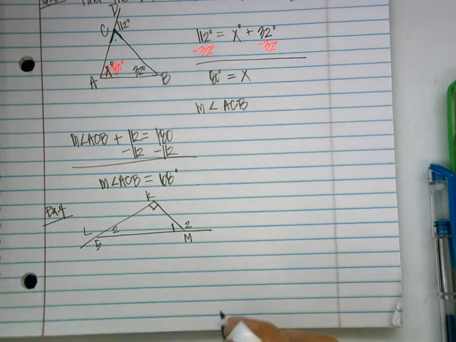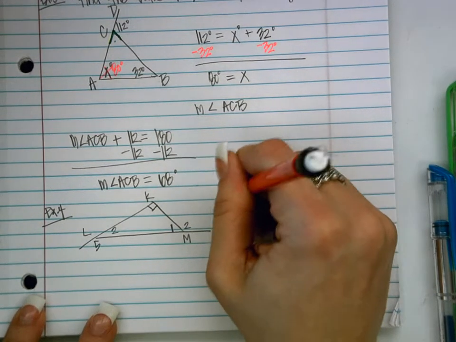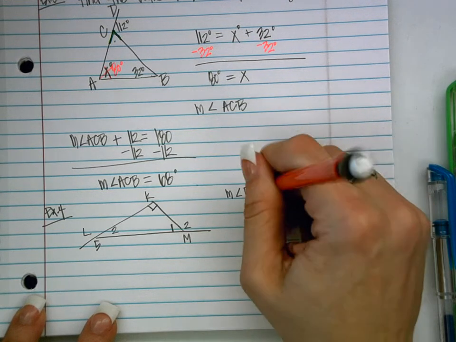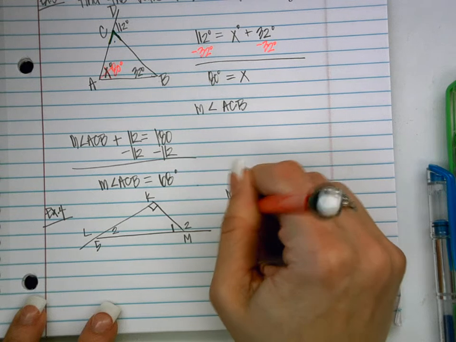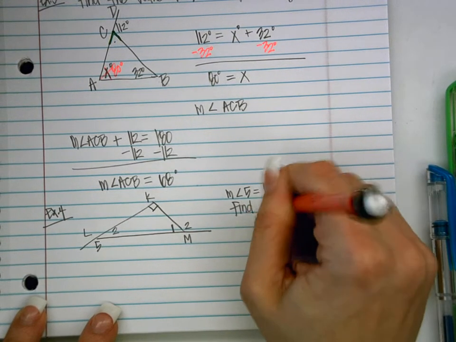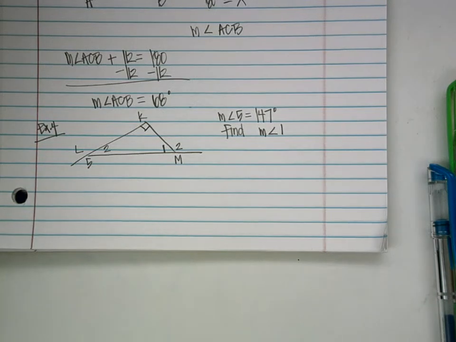If I tell you that the measure of angle 5 is equal to 147 degrees, and I ask you to find the measure of angle 1, I give you that drawing, tell you the measure of angle 5 is equal to 147. Find the measure of angle 1.